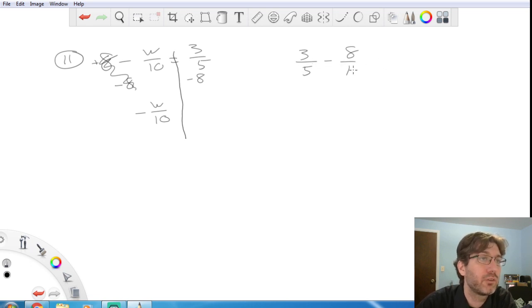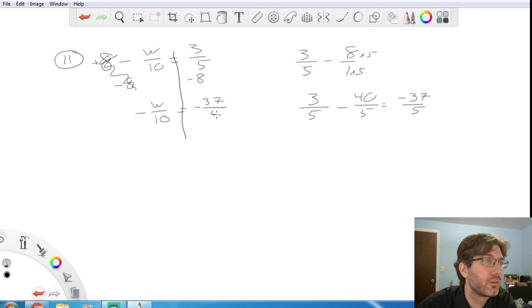You can use 5, so I can multiply that by 5, multiply that by 5, and I get 3/5 minus, and then that would be 40/5. 3 minus 40 gives me a negative 37, right? And denominator stays the same. Looking at it, you know they're both negative, so your answer here is going to be positive anyways.